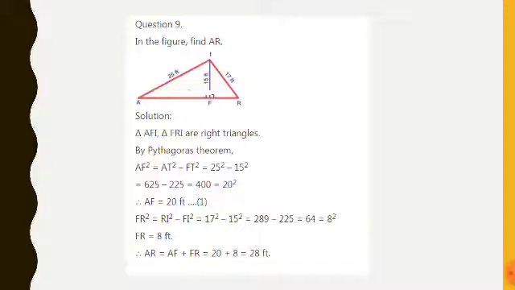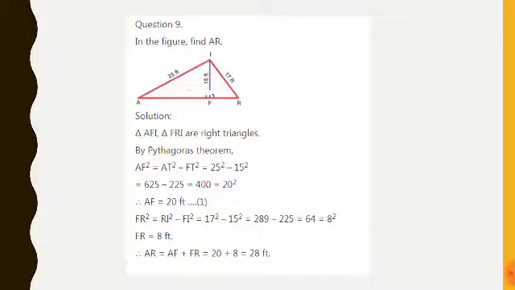Triangle AFI and triangle FRI are right angle triangles. By Pythagoras theorem, AF square is equal to AI square minus FI square. AI square 25 square and FI square 15 square. 25 square value 625, 15 square value 225. Subtracting, we get 400, which is 20 square.